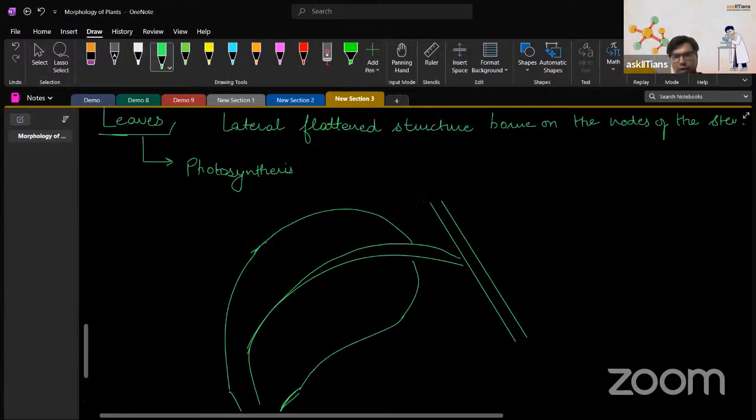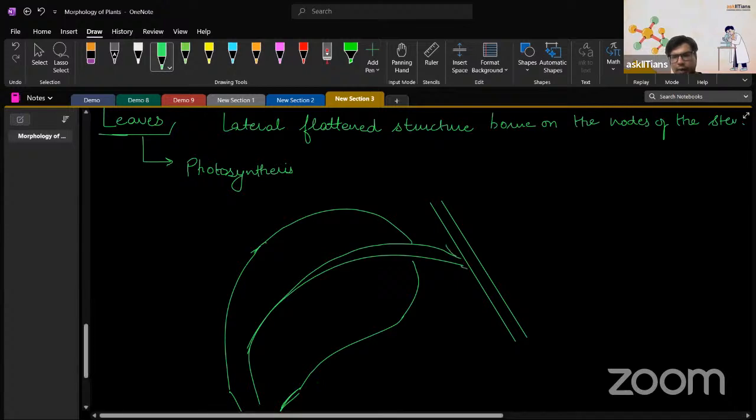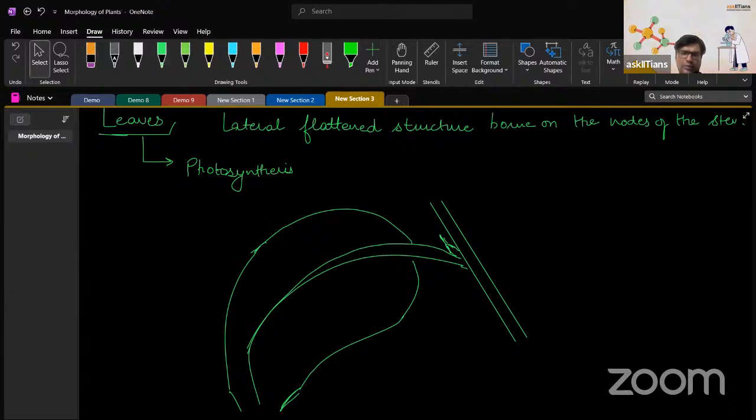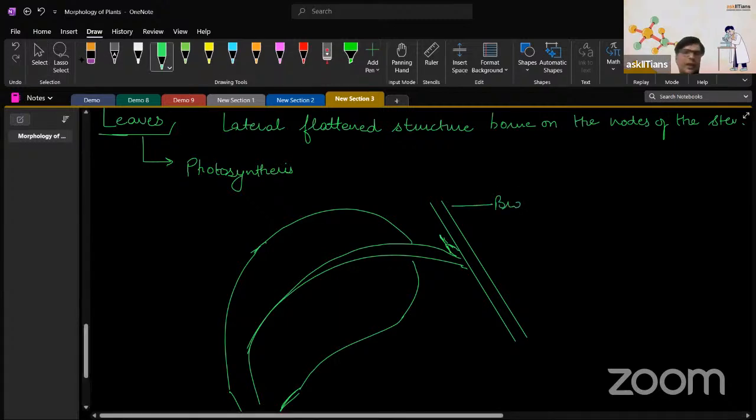Yes, usually there is an axillary bud right around here, and there is a thorn-like structure on it that we call a stipule, but we're going to do that later on. Okay, so first of all, as you can see, this is some kind of a branch, right? Actually, let's use a different color, tired of green. Yes, this is a branch. From the branch, there is this thing on which the leaf is present.